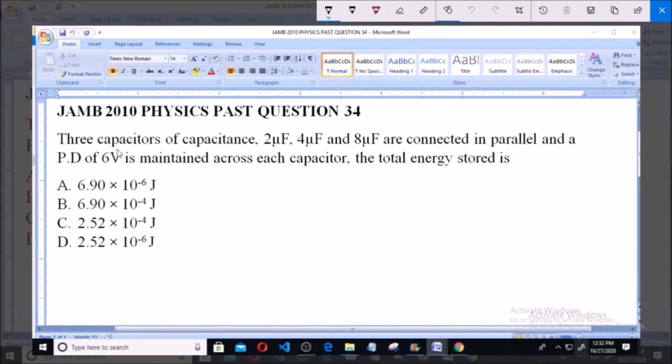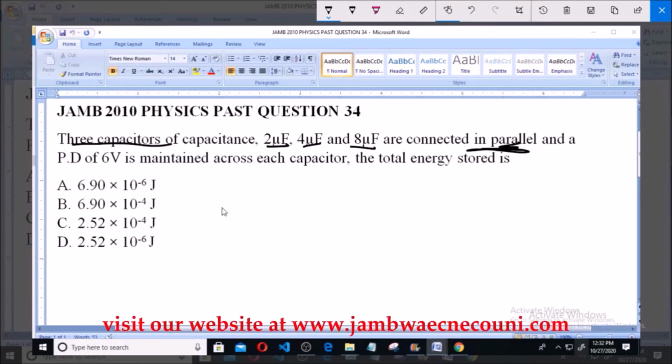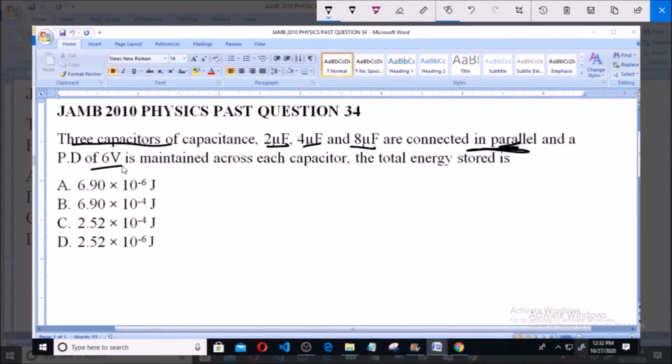So you have 3 capacitors of these capacitances connected in parallel, and we are given the potential difference and asked to calculate the total energy. The first thing to do will be to calculate the total capacitance.